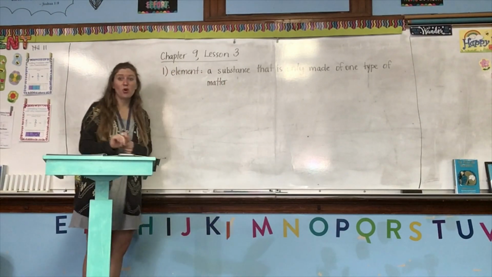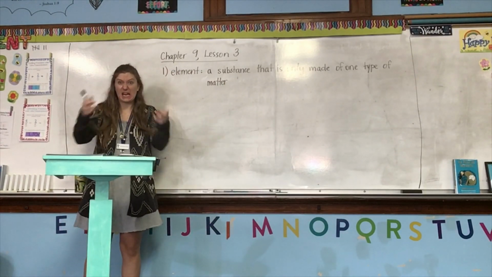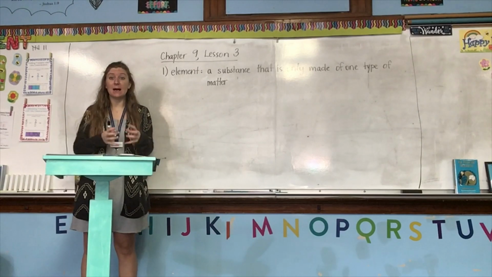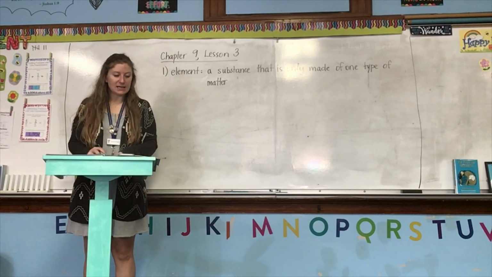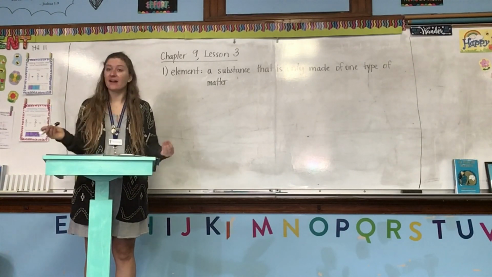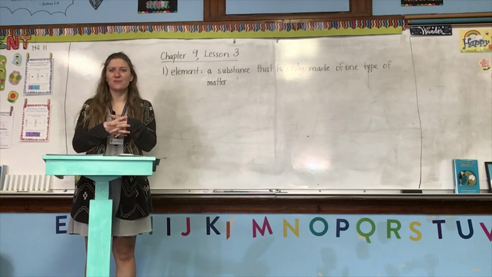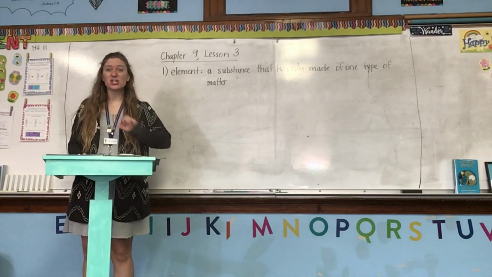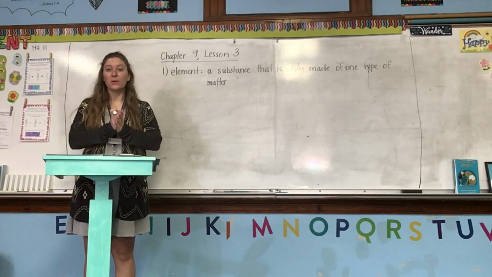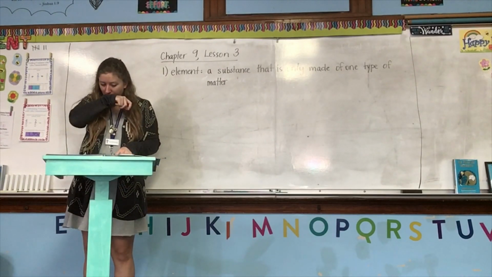So that means there's only one type of thing in this. It's not made up of a bunch of different things. That's only one thing. Like earth, air, fire, and water are all made up of many different things that come together to create those. Elements are each of those things that are put together to create those.